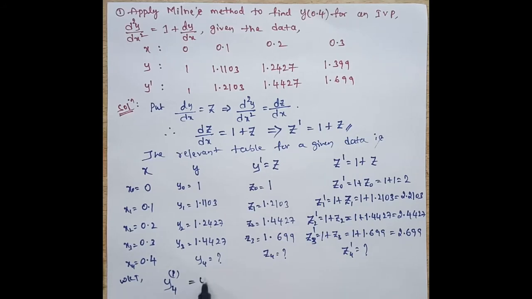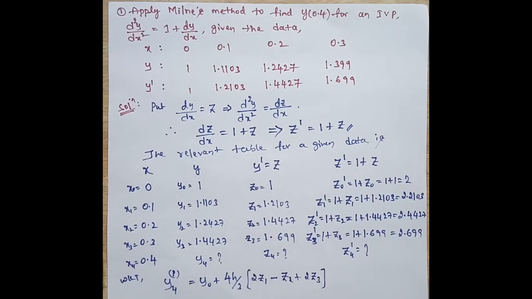So, what is the predictor formula? It is y0 plus 4h by 3 into 2z1 minus z2 plus 2z3. So this is the Milne's predictor formula.